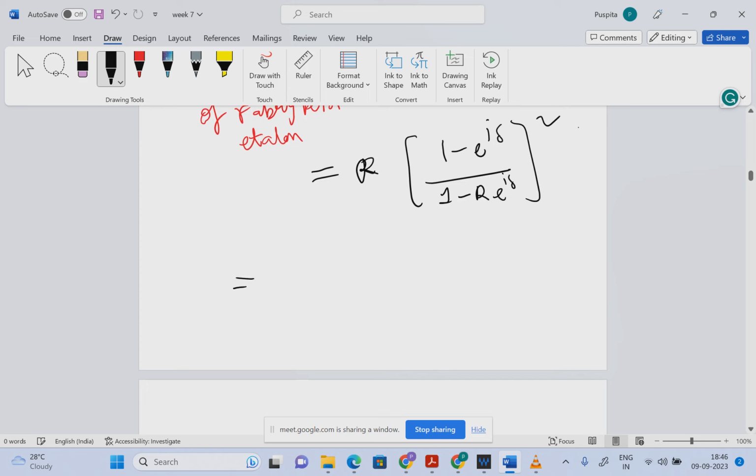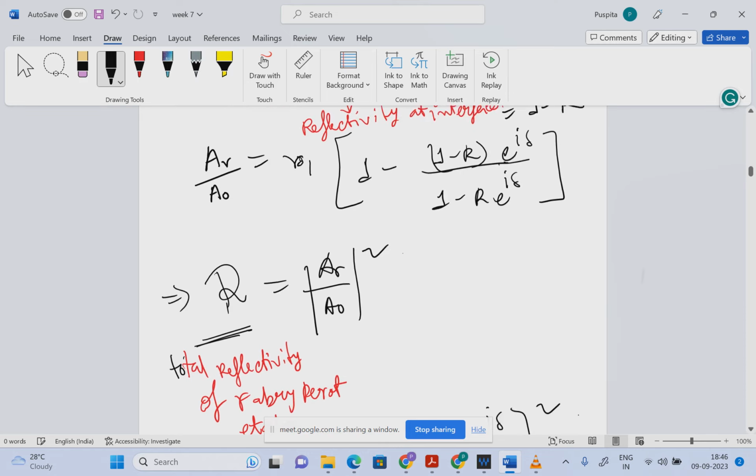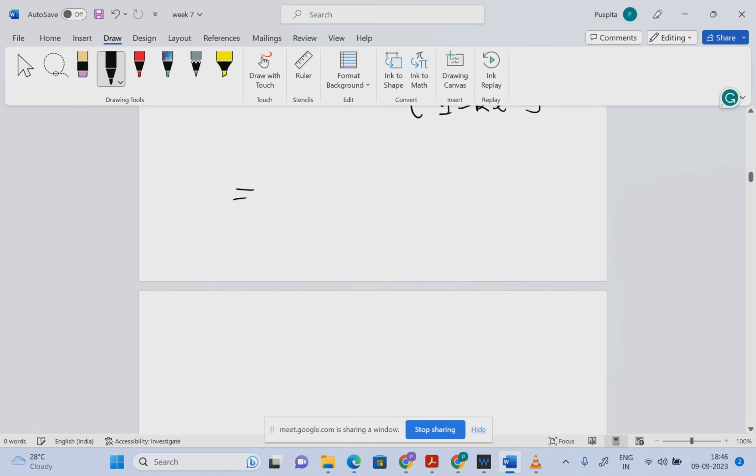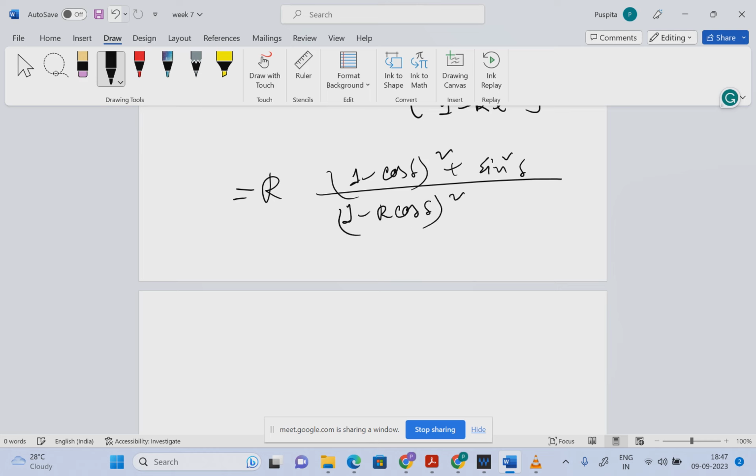After the simplification, this will be R times (1 minus cos delta) whole square plus sin square delta, over (1 minus R cos delta) whole square plus R square sin square delta, where e to the power i delta is equal to cos delta plus i sin delta.